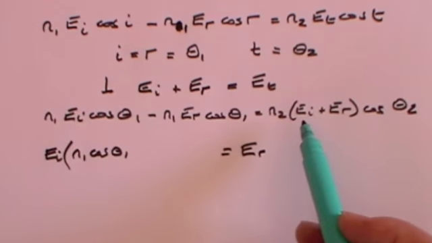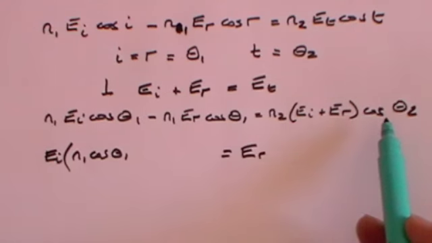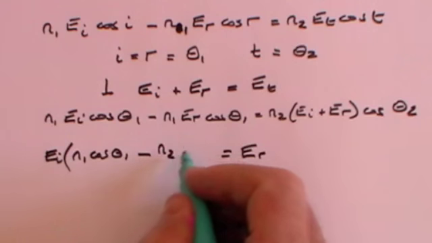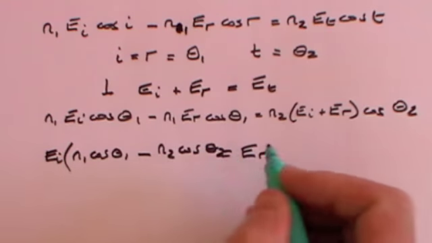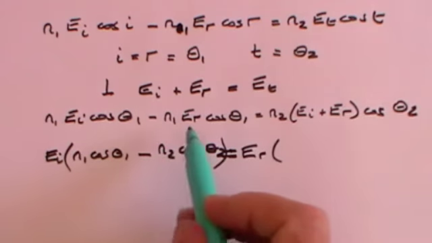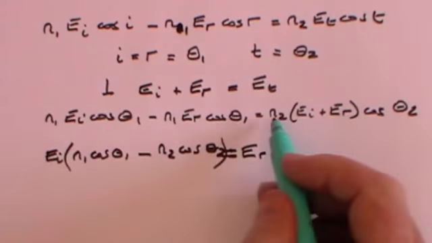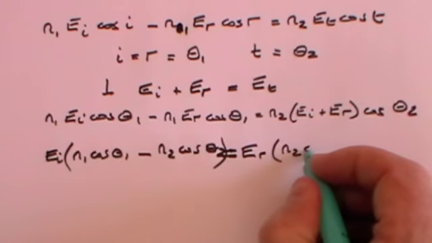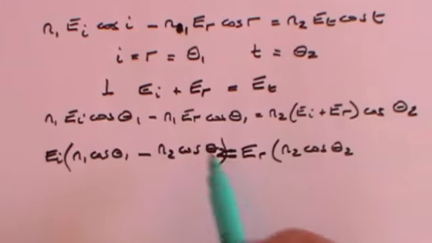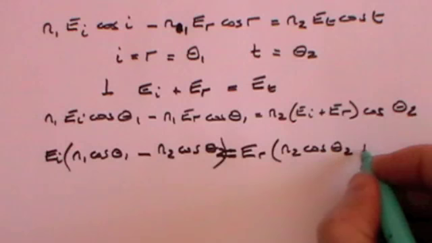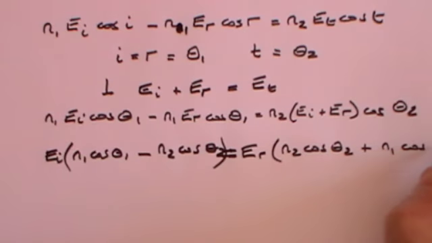And here's another EI term, that's N2 cos theta 2, but when you bring it on the other side, that will become a minus N2 cosine theta 2. And that equals the ER terms. Well, on this side we've got N2 cos theta 2. And on this side we've got a minus N1 cos theta 1, but when you bring that on the other side it becomes a plus N1 cos theta 1.